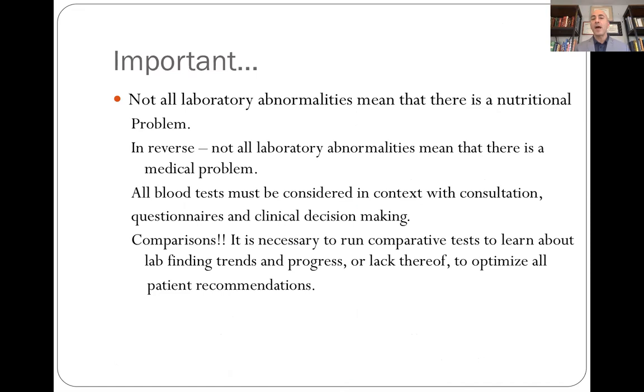Now, in the reverse, not all laboratory abnormalities mean that there's a medical problem. So you might have a low level of, let's say, B6, and that might not lend itself to any problems for you. On the other hand, you might have a high level of B6 that might indicate that you have B6 toxicity, and it might have caused your neurological problems. That's actually a true and an accurate example.